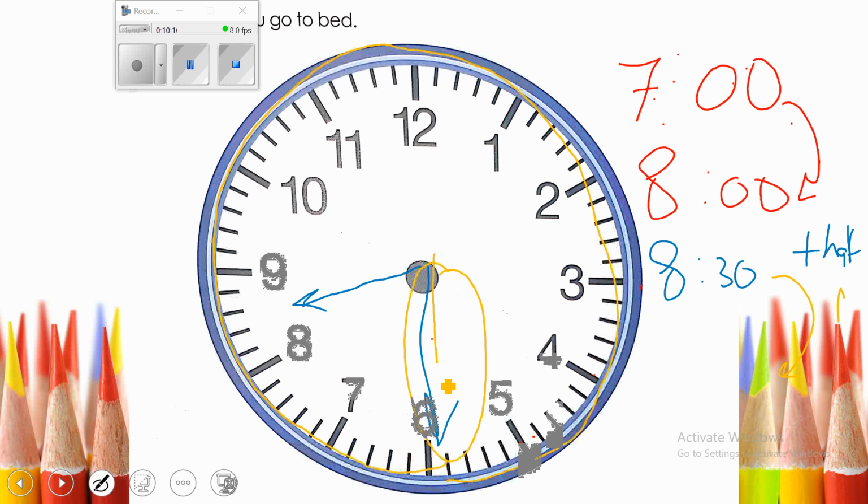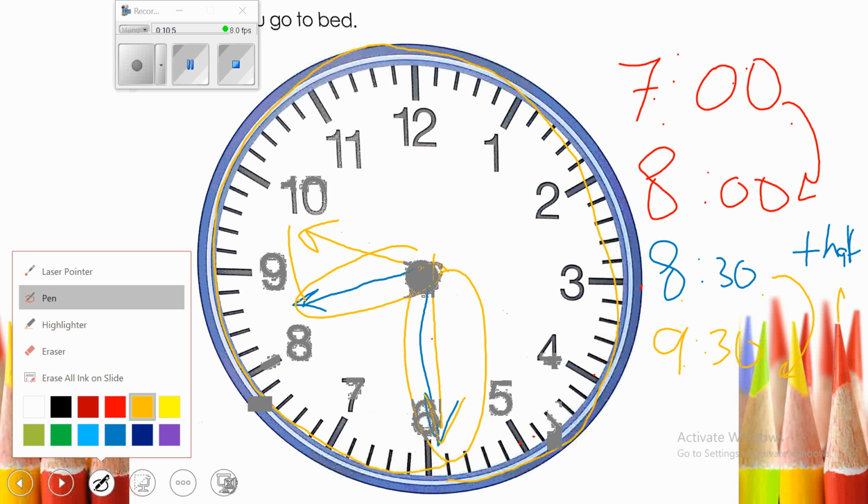So it's coming again to the same, and our hand is moving from between 8 and 9 to between 9 and 10. The hour will be now 9 and 30 minutes. Or I just can add just 1 hour with 8, it will be 9. I don't add anything to the minutes because I don't change minutes, I just change hour.